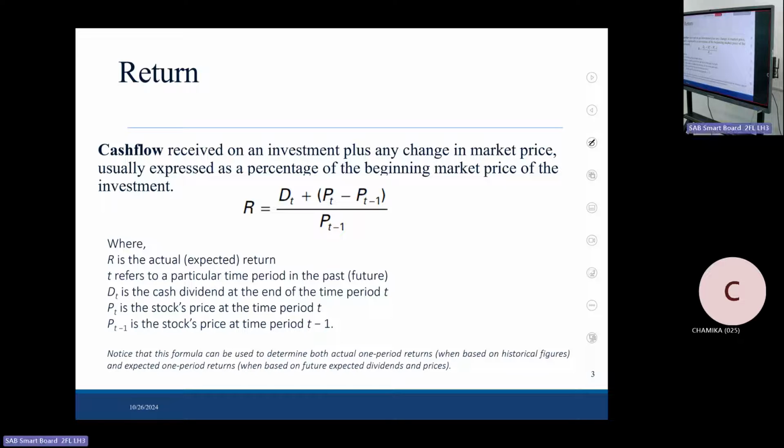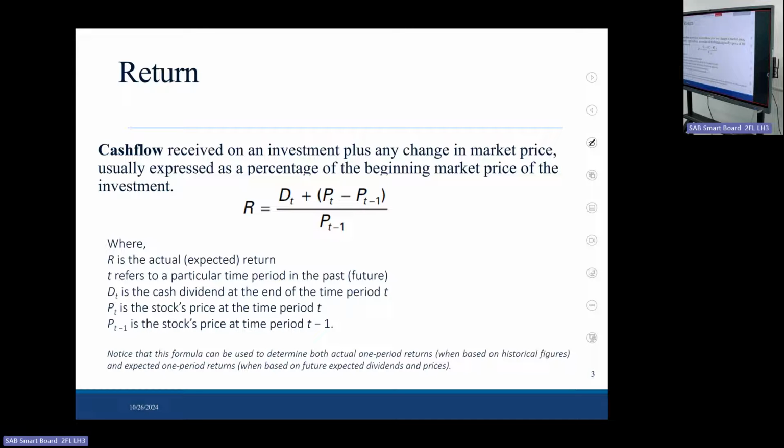One difference I am expecting. When you are calculating profit, you include some non-cash items like depreciation and bad debt provisions. They are not cash outflows, they are non-cash items. But when we say return, that is purely cash.